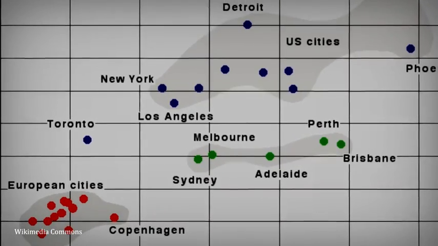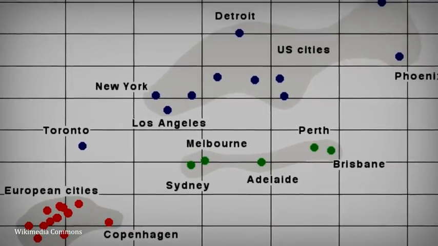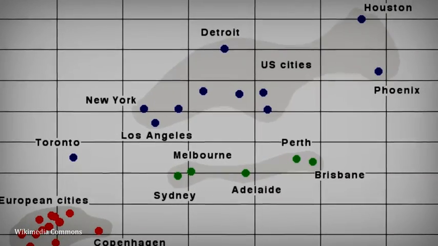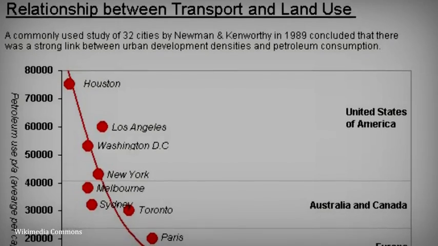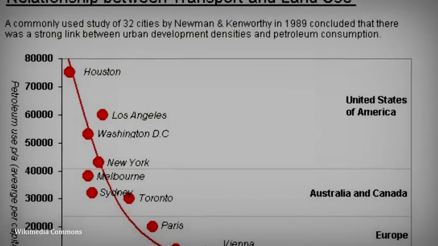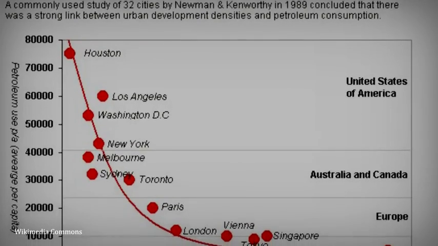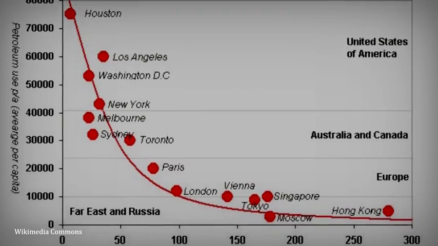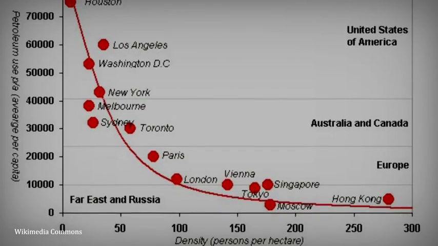Interestingly, Los Angeles is a relatively dense city, and it ranks closely with New York in terms of the amount of gasoline consumed. Studies have shown that there's a very close inverse relationship between the density of a city and the amount of gasoline consumed. The higher density, the lower the consumption.